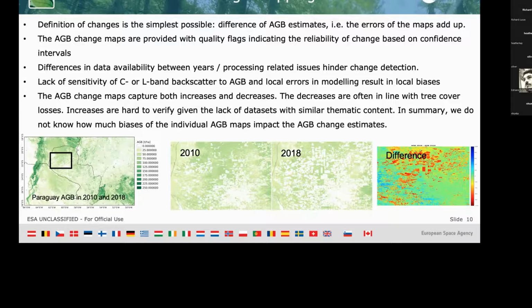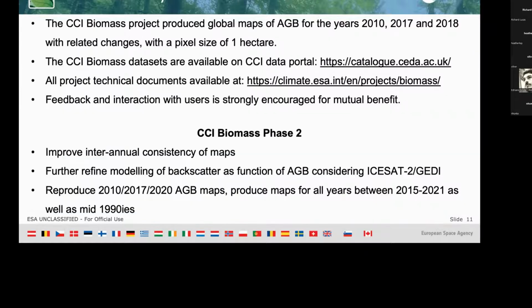But of course, some of you may be aware that backscatter does have limits in the sensitivity in high biomass ranges. So the signal is rather weak, and even small errors we make in the modeling can translate into rather big biases between the maps.